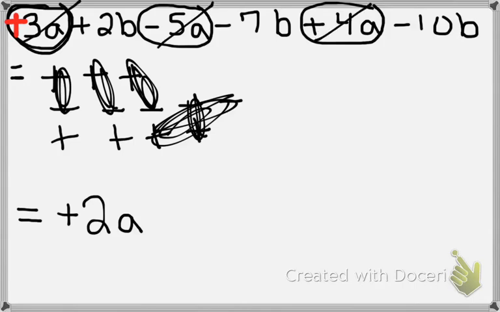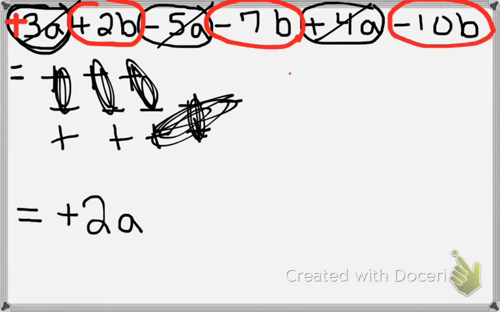Now circle your b terms. Oops. Maybe I'll write the question lower next time. Okay, so for our b terms, I've got 2 positives, 7 negatives, and 10 negatives.